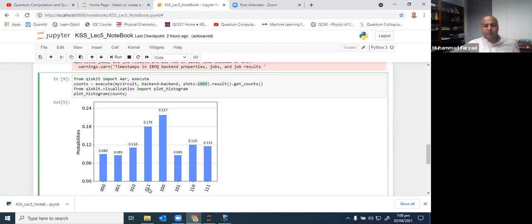And you see, even though my solutions are 011 and 100, I'm getting non-zero probabilities for other states as well, simply because the quantum computers that are available right now are very noisy. When they start the circuit in 000 state, some of the qubits are not really in the 0 state. And when we are performing different operations on those qubits, some operations are not performed exactly.